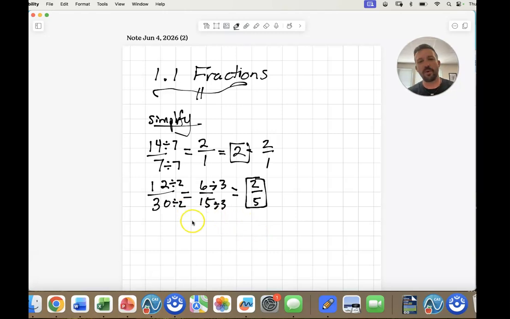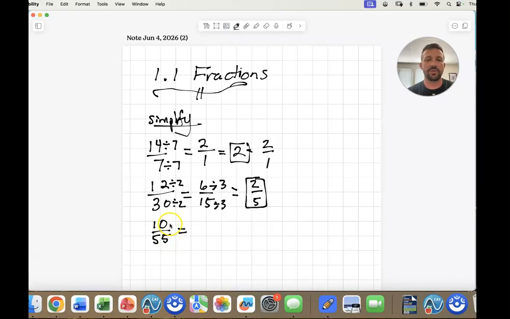Let's do maybe one more. Let's do 10 over 55. Okay. Well, you would check both of them. So are they both divisible by 2? No. 10 is, but not 55.